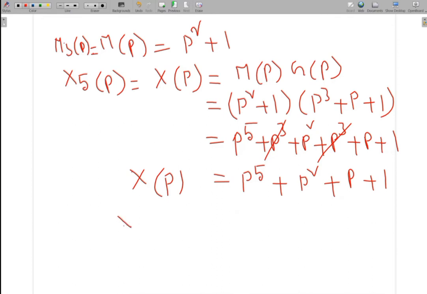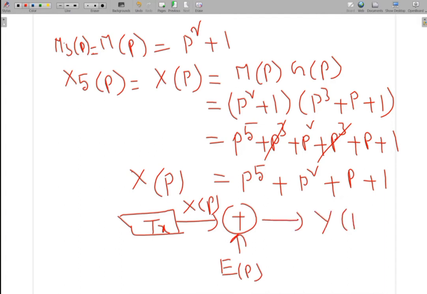This X of P is transmitted. This is the transmitter. X of P is generated by this cyclic code word generator. Some E of P is added.